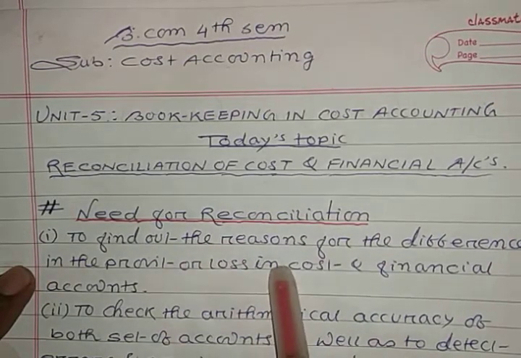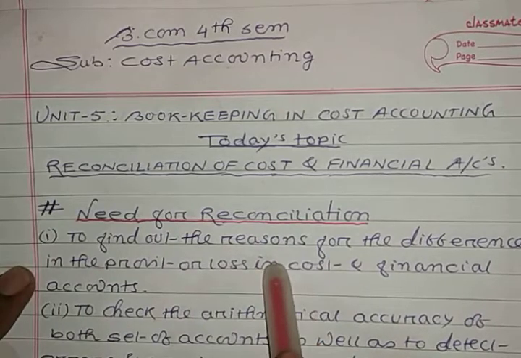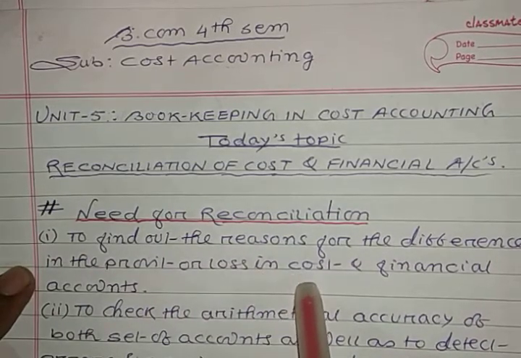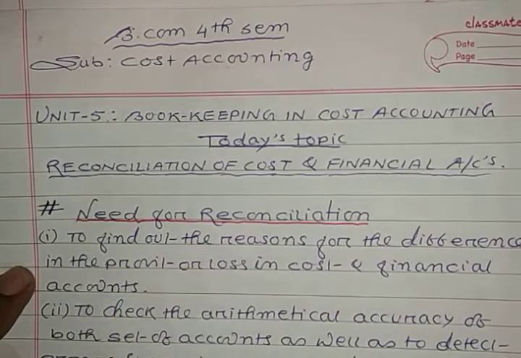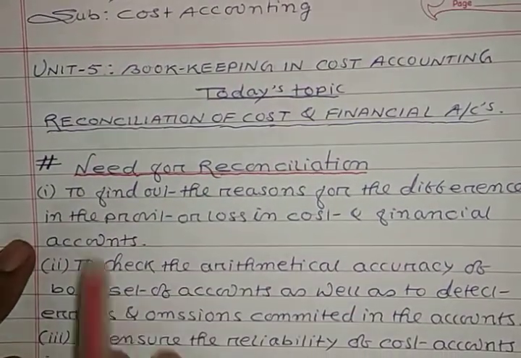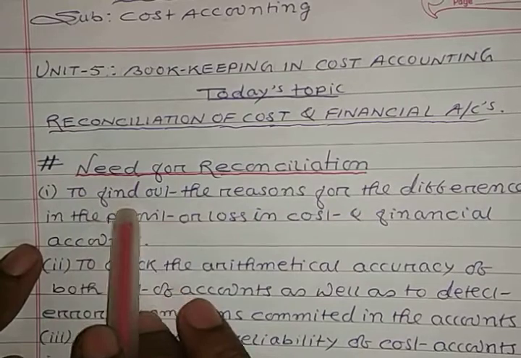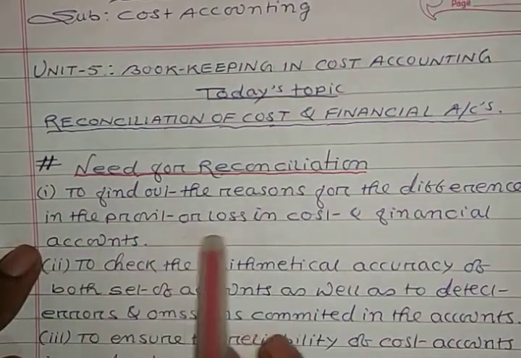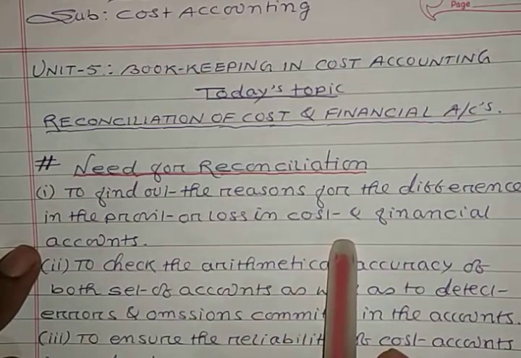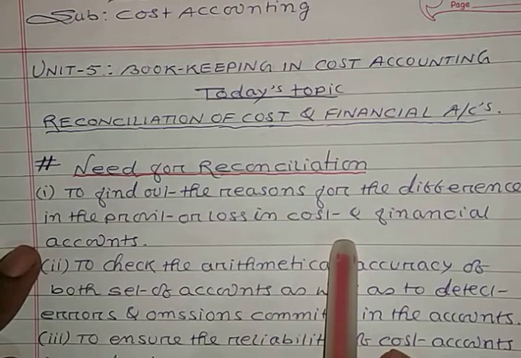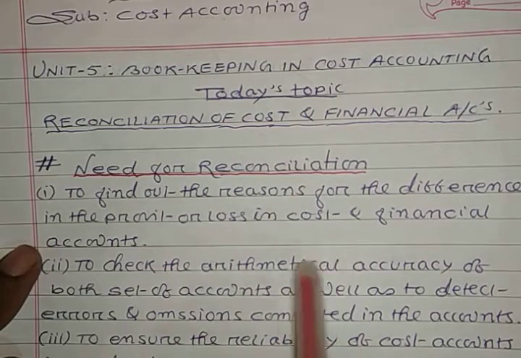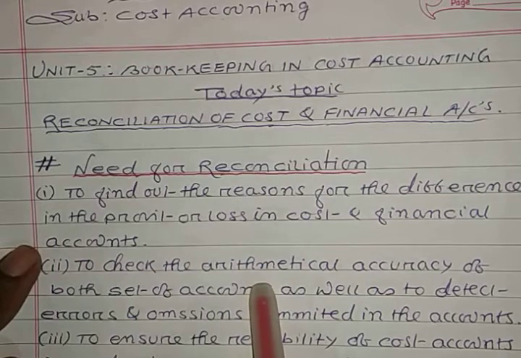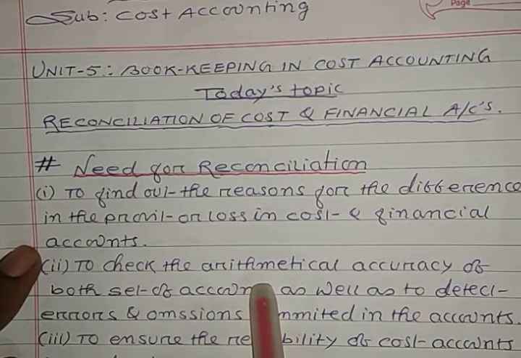The reconciliation between the results of the two sets of books is necessary due to the following reasons. So what are the reasons? Number one, to find out the reasons for the difference in the profit or loss in cost and financial accounts. While you prepare the cost sheet, obviously you get the profit as per the cost account.